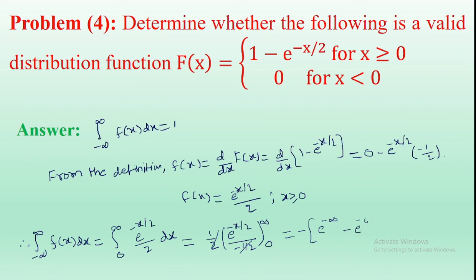The value of e power minus infinity is 0, and e power minus 0 is 1. So minus into 0 minus 1, minus into minus, gives plus 1. Therefore, the integral from minus infinity to infinity of f(x) dx is equal to 1.